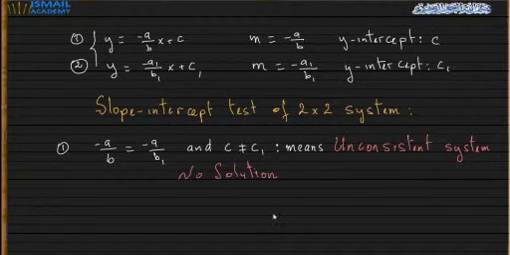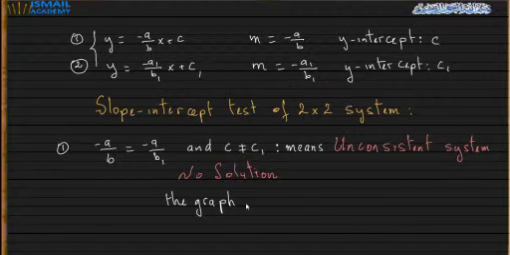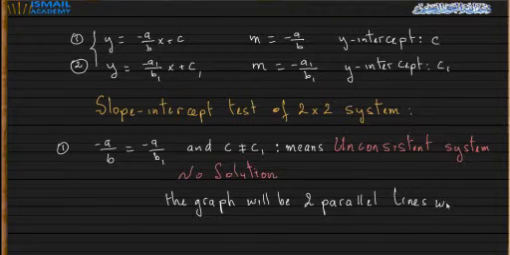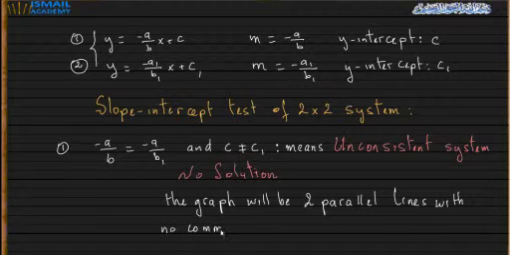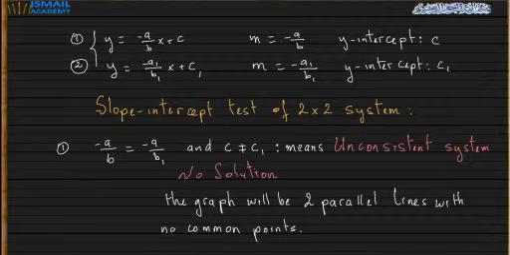And the graph will be two parallel lines with no common point, which means we will see two lines that look like this.